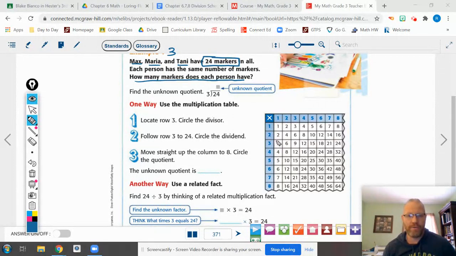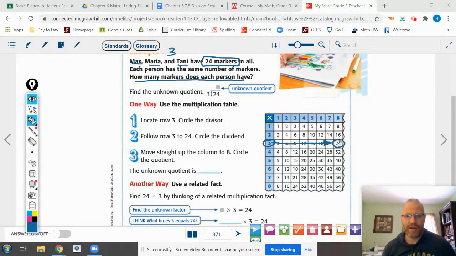So locate the row for the 3's. Since we're dividing by 3, we're going to go down the 3 row until we get to our total, which is 24. So we follow it over, and when we get to the 24, we can circle the dividend. So circle the total.